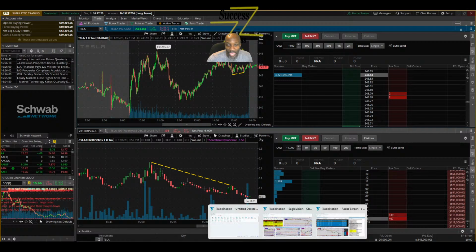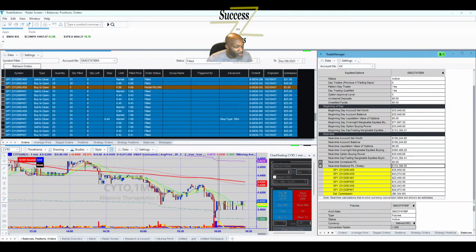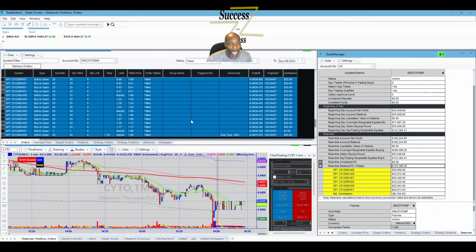TradeStation earlier in the day, I wish I was able to truly capture what I truly did, my true performance with the SPY on the day.